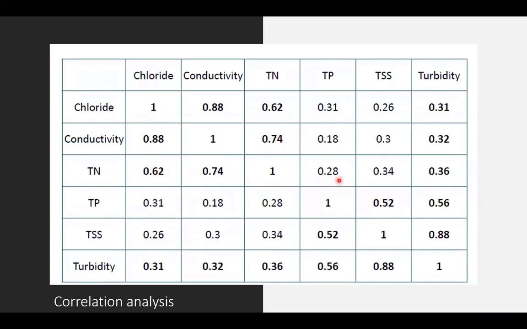Let's look at total nitrogen and total phosphorus. I would have expected a stronger correlation. It's a fairly weak correlation there. But it gives you a sense of these correlations. Strong correlation between total suspended solids and turbidity, I'd expect that. You can look at these correlations.